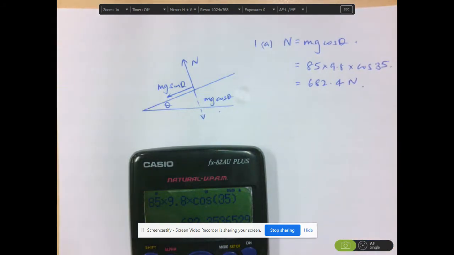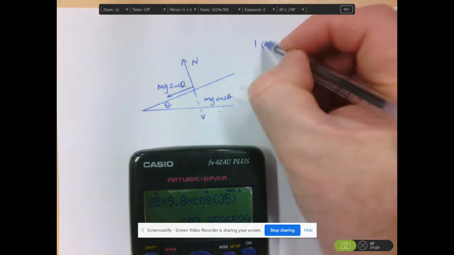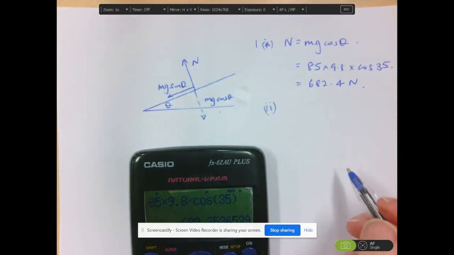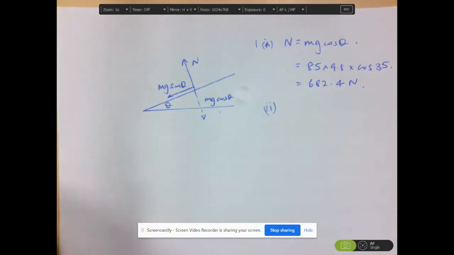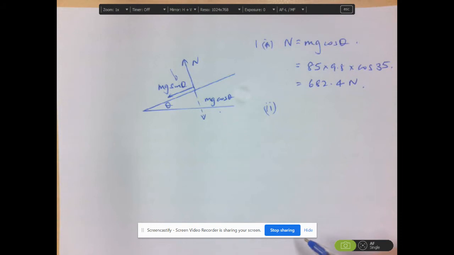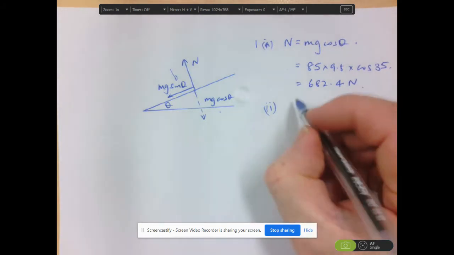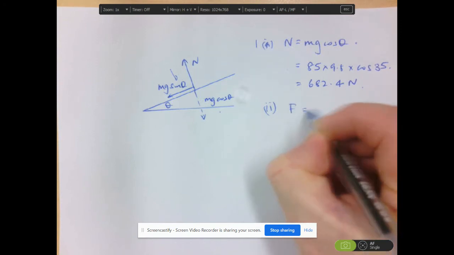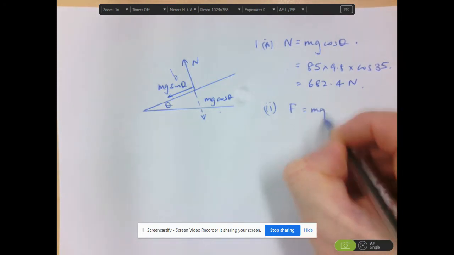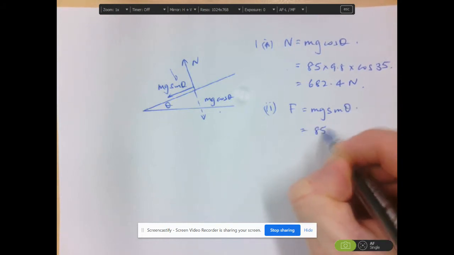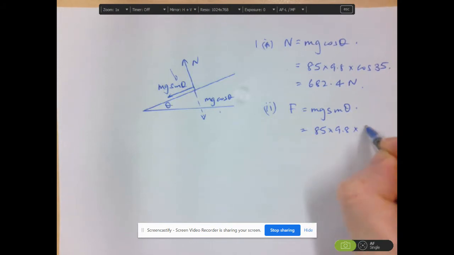Okay. The second thing we had to do, that's part 1. Part 2 was asking to calculate the component of the force down the slope. So that's this one here, that's mg sine theta. This is the unbalanced force. That force would equal mg sine theta, and that would be 85 times 9.8 times sine of 35.